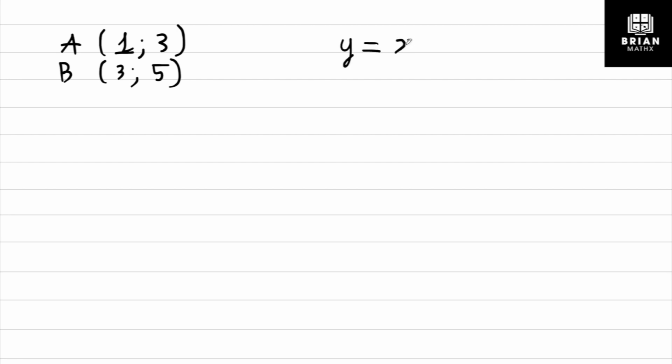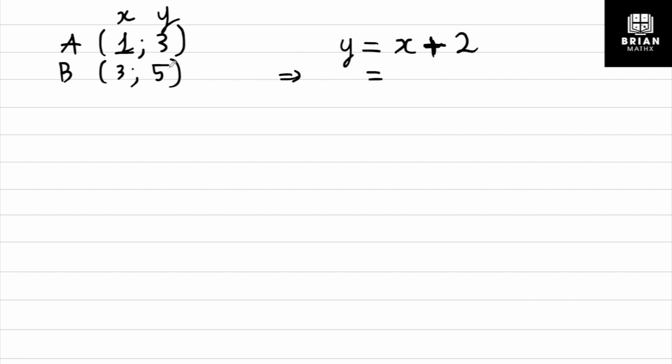Let's take an example. Point A is (1, 3) and point B is (3, 5), and the line is y = x + 2. The coordinate of A is (1, 3), where 1 is the x coordinate and 3 is the y coordinate.